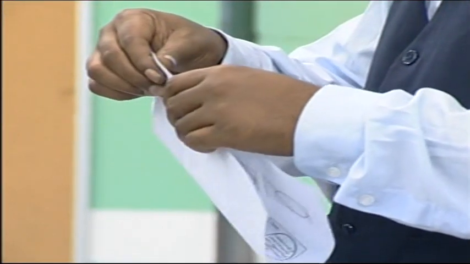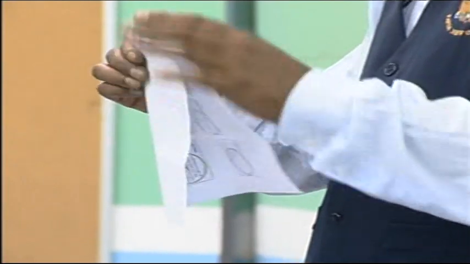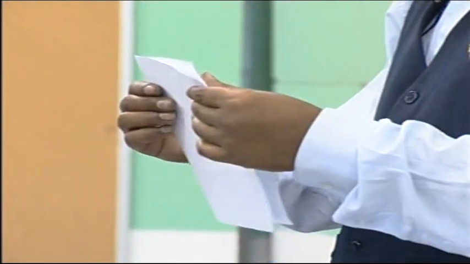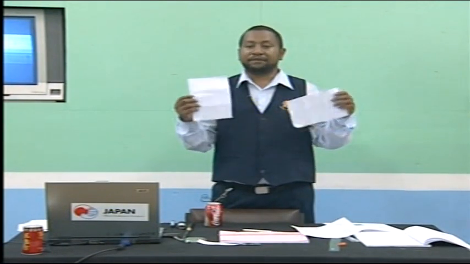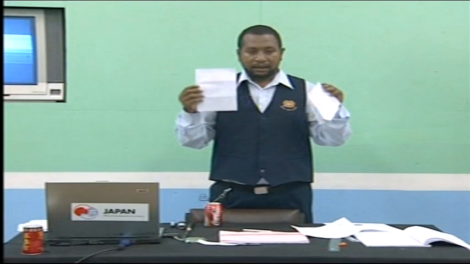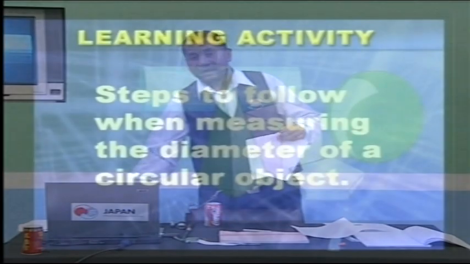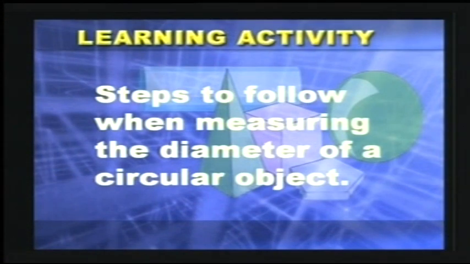And also do the same with another one. So you should have two. Okay, fold it in half. Okay, now you should have those two papers folded like this. Have them ready. Now, let's look at the steps when measuring the diameter of these two objects.